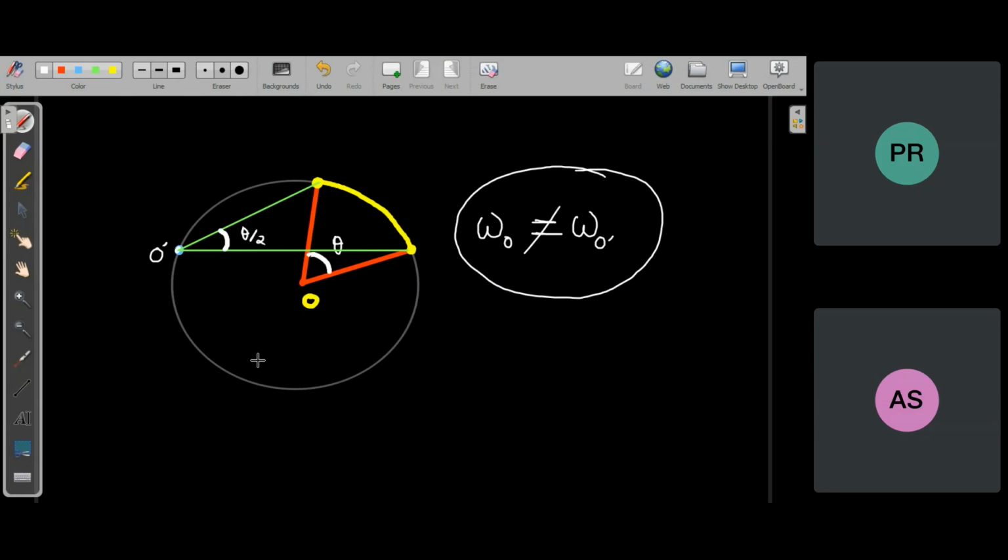Generally we take the center of the circle as origin, sir. You can take otherwise, that is not a problem, but the reference line by default is through the center.